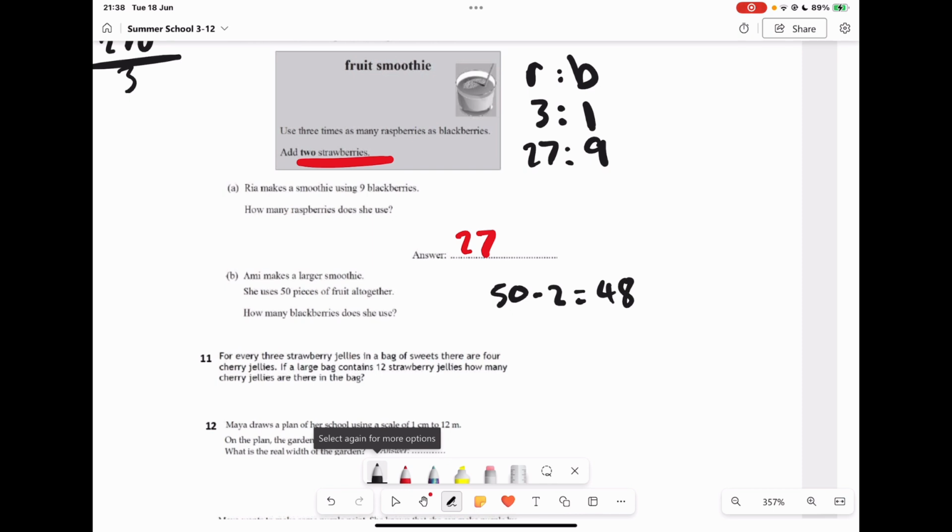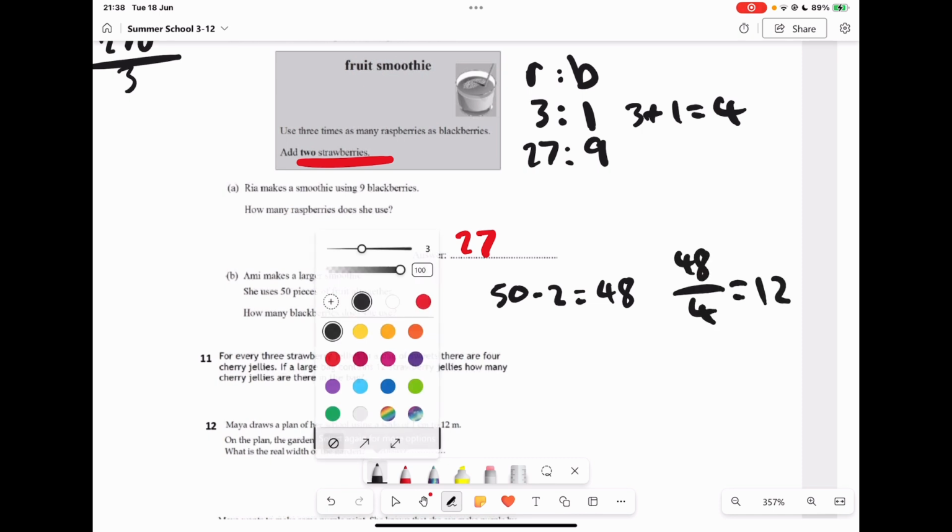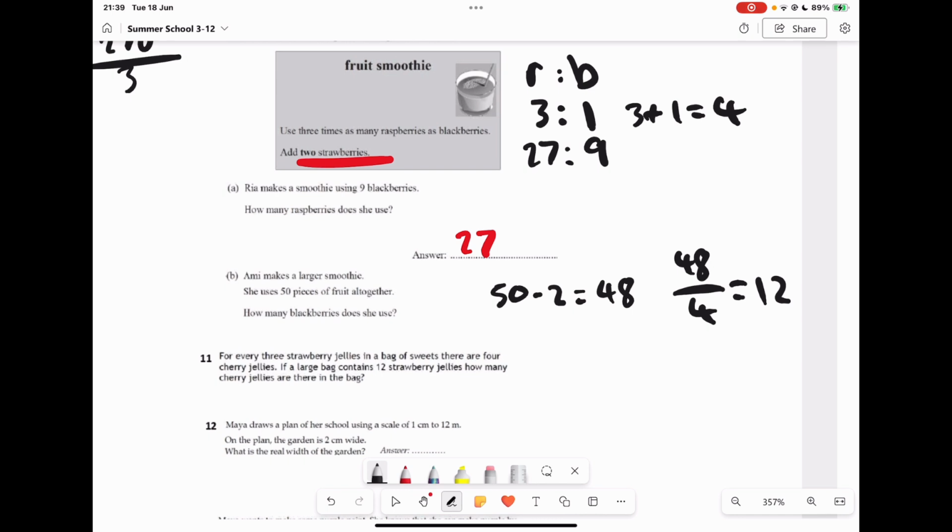For every 3 raspberries, there's 1 blackberry, so 3 plus 1 equals 4. 48 divided by 4 equals 12. That's the scale, so the number of blackberries is 12. The answer for part B is 12.